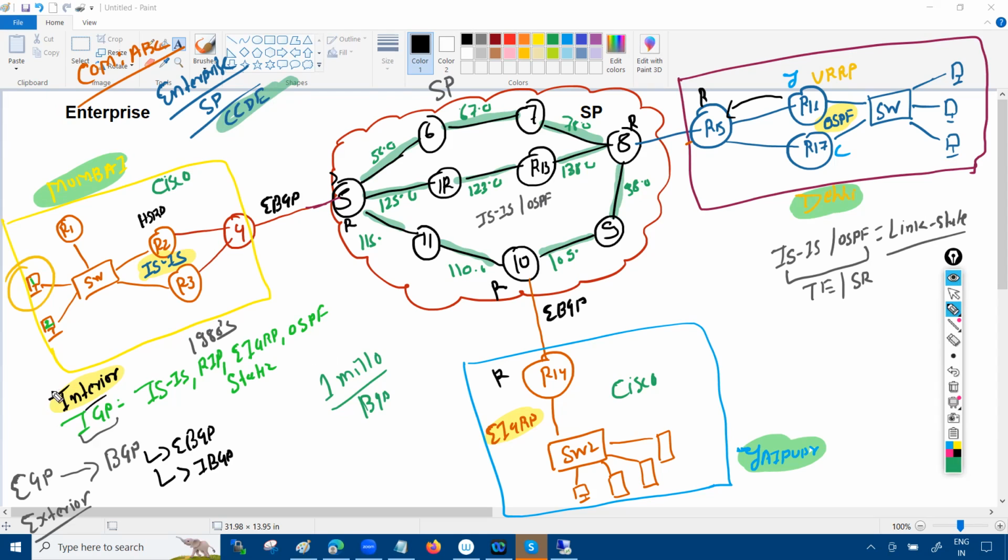It is designed for interior, meaning your own company's routes. So that's why we have to go with BGP. What flavor am I going to run between R8 and R5? EBGP. Now understand the concept over there, what happened.